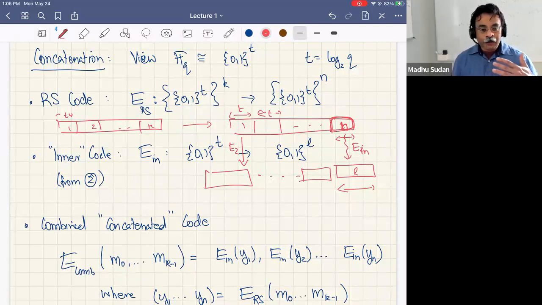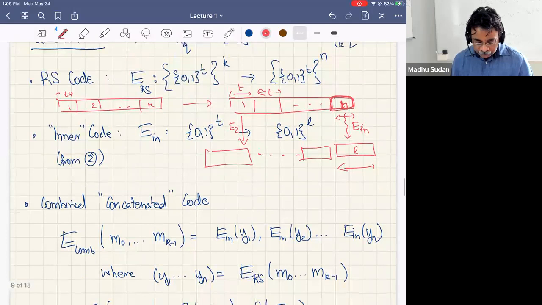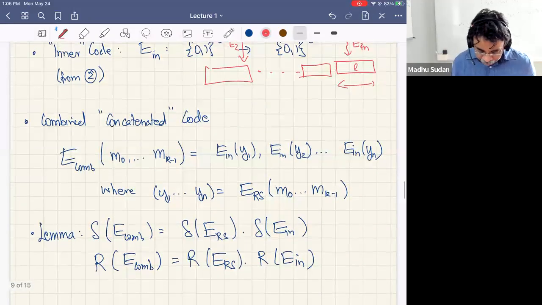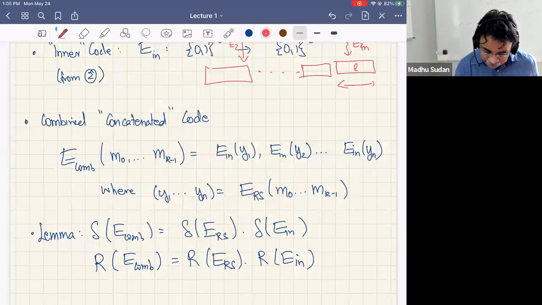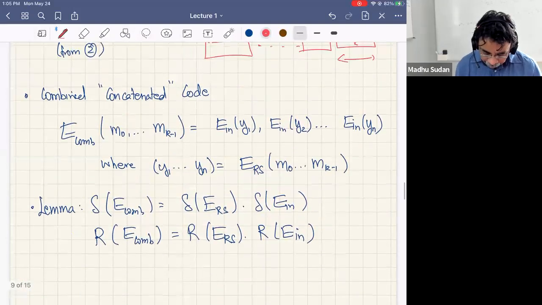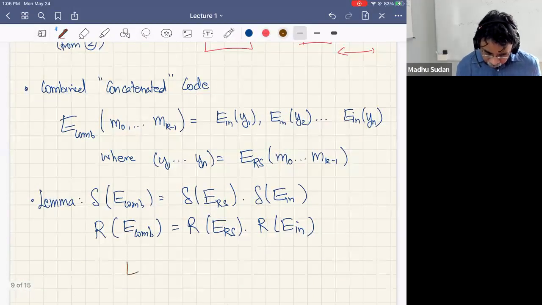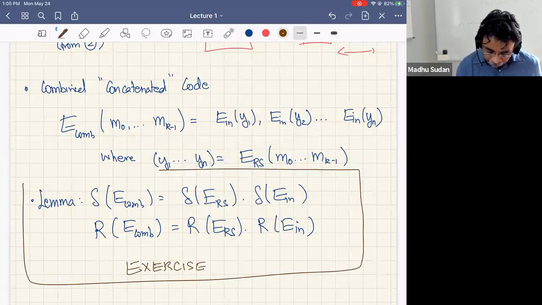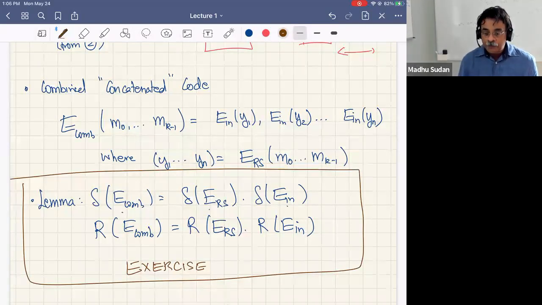So the moral of this story, so this was a very quick thing, and here is an important exercise. So please do try this. If you do what we claimed above, the relative distance of the 2 codes multiplies, the Reed-Solomon code and the inner code. The rate also multiplies.